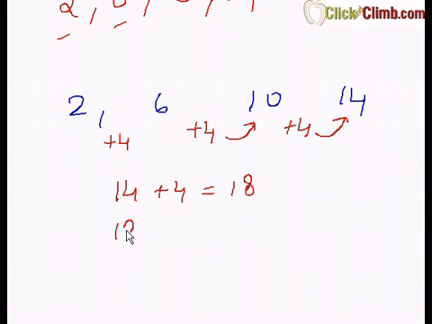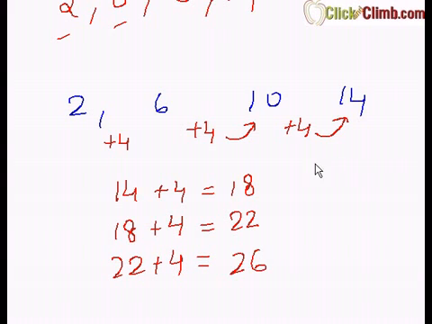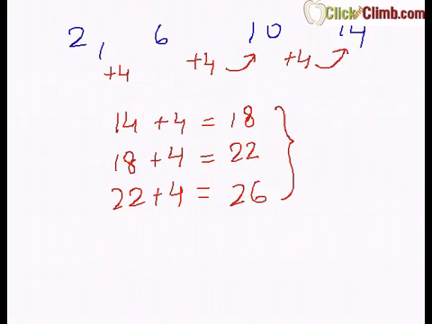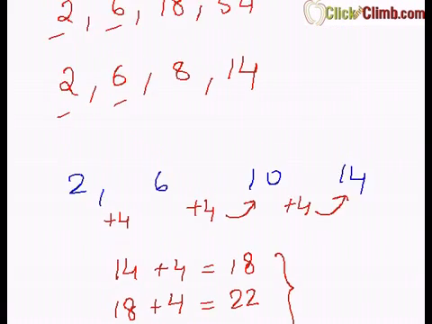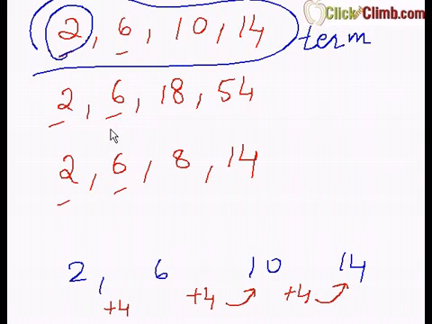Then if I add 4 to 18, I'll get 22. And if I add 4 to 22, I'll get 26. So the next three terms would be 18, 22 and 26. This is how we observe the pattern and find the next terms. And I repeat one more time, each number of the sequence is called a term.